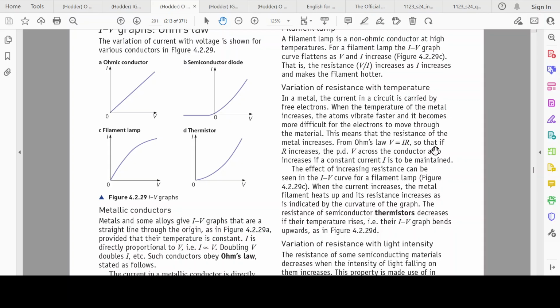And so in this case, if the resistance is increased, the potential difference across the conductor also increases if a constant current is to be maintained. So whatever I explained on the whiteboard to you, that the current remains the same: if the resistance is going up, it's not that automatically the voltage increases. No, you need to increase the voltage as the resistance is going up and it's becoming hotter if you want a constant current to be supplied in the circuit. Otherwise, the current is not going to remain constant.